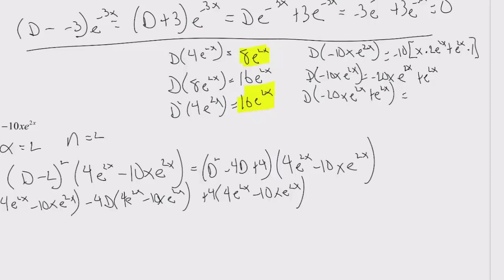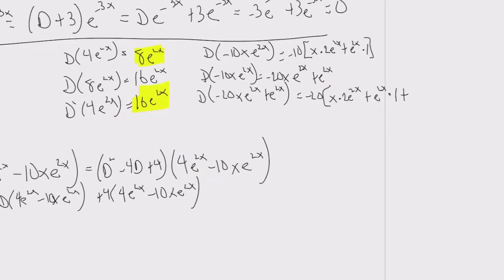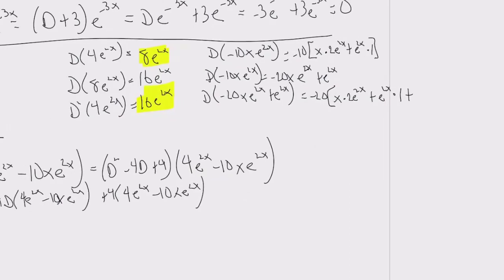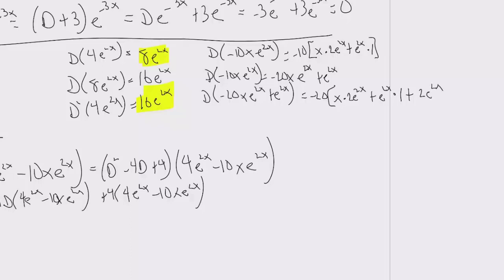That's negative 20x times 2e to the 2x, plus e to the 2x times 1. I've done the product rule at this point, so I need just the derivative of e to the 2x, which is 2e to the 2x.